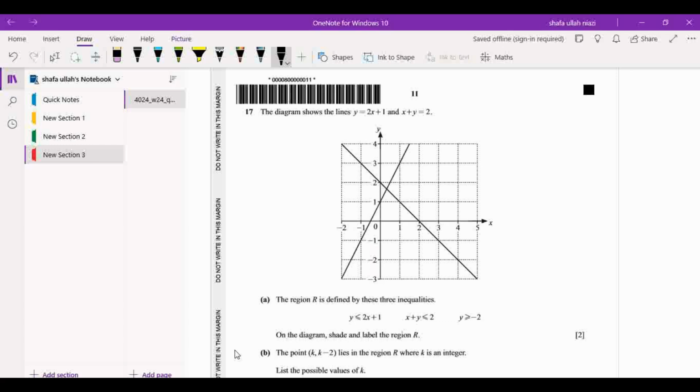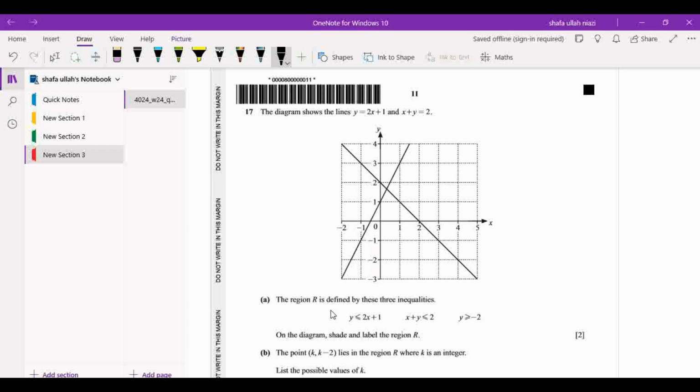Question is, the region R is defined by the three inequalities. y is less than 2x plus 1. y is equal to 2x plus 1 is this line, and this is less than, so this is below this line, and also x plus y is less than 2, so this is also below this line.